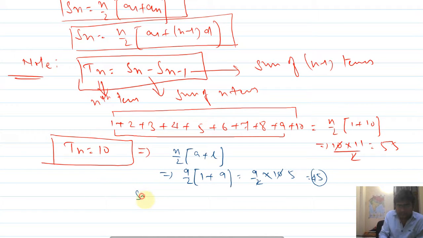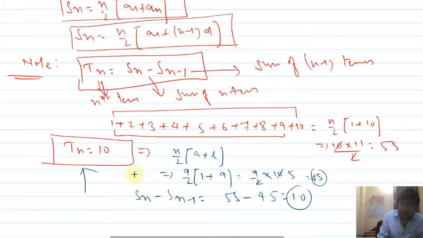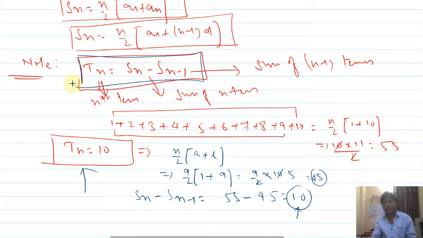Sn minus S(n minus 1). Sn is 55 and S(n minus 1) is 45, so we get 10. So Tn equals 10, and from the list also Tn equals 10. So this is the proof of the formula, for the example. I hope you understand. Thank you.